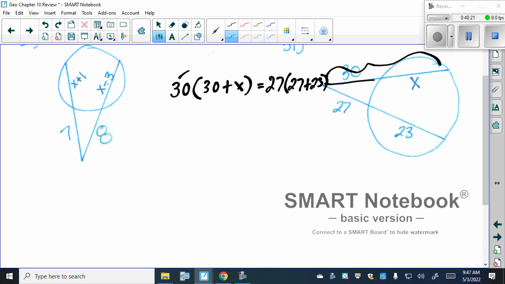So this one here, we can distribute the 30. 30 times 30 is 900. 30 times x is 30x. Right, and then multiply by 27. 27 times 27 plus 23.